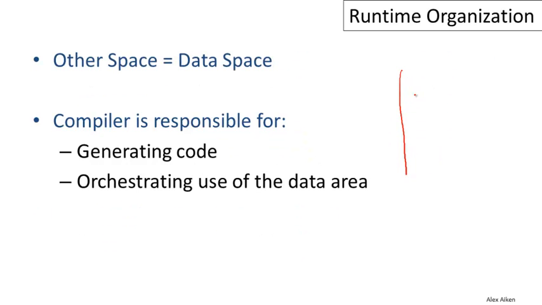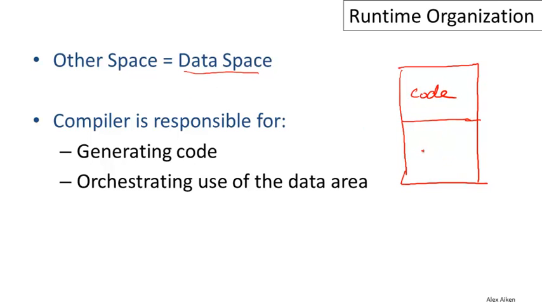So coming back to our picture of runtime organization, we have some block of memory, and the first portion of that is occupied by the actual generated code for the program. And then there was this other space. And what goes in that space? Well, what goes in that space is the data for the program. So all the data is in the rest of the space. The tricky thing about code generation is that the compiler is responsible for generating the code, but it's also responsible for orchestrating the data. So the compiler has to decide what the layout of the data is going to be and then generate code that correctly manipulates that data.